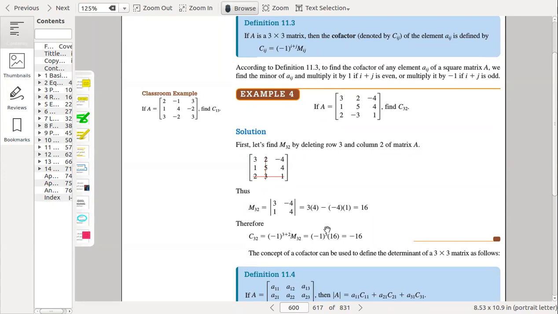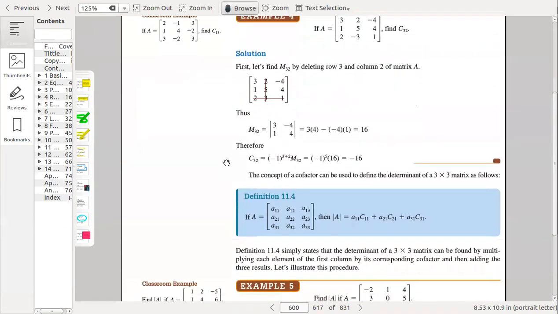Because the power is an odd number, we will have a minus sign. If the power is an even number, then this minus 1 power will be positive. Now the power is odd, so we have minus 1. So minus 16 is the cofactor of the entry minus 3. Similarly, we can find cofactors of all the entries of this matrix.